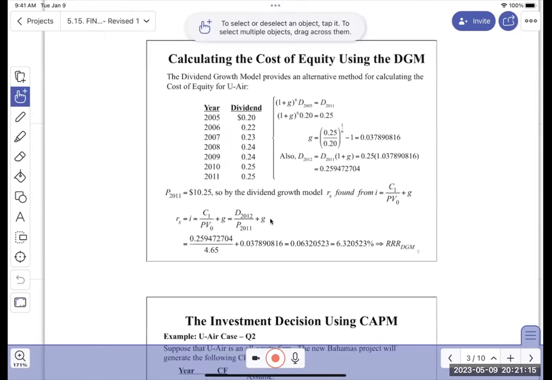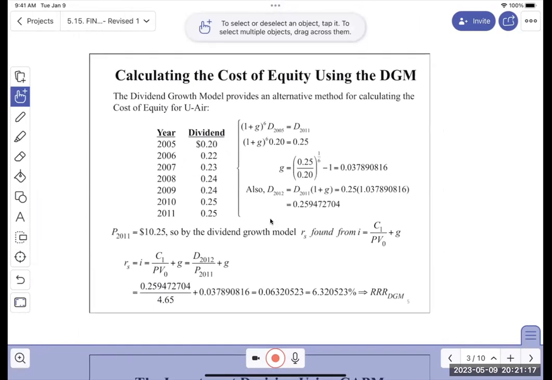Okay, so we've calculated that the cost of equity should be about 5.27. What if we have some other information and we want to use the dividend growth model instead? So this is also good because it might reinforce what we've been doing so far. What's the dividend growth model?